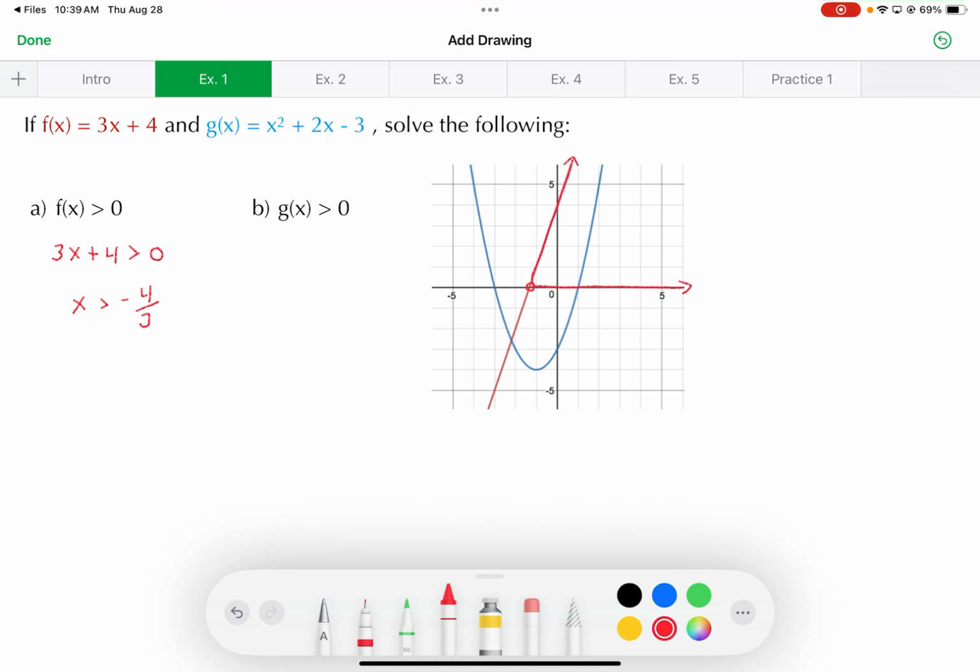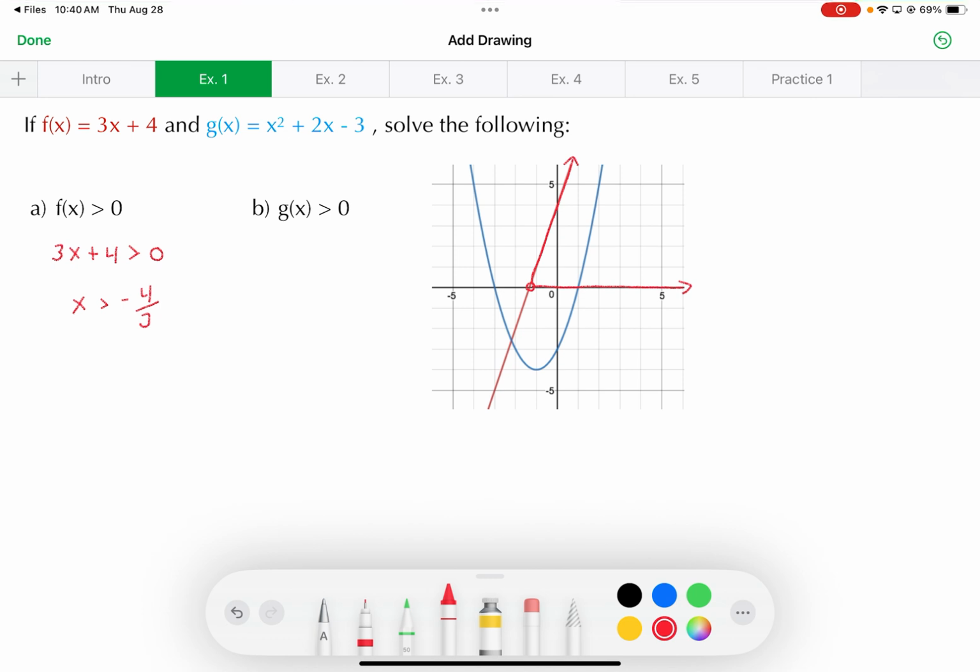Okay? Now, what is true of any point that is above the x-axis? What is true of its y value? It's positive, right? And isn't that what this inequality is asking for? So f of x, it's a fancy way of representing y, right? So we're saying for what values of x are the y's of this function greater than 0?